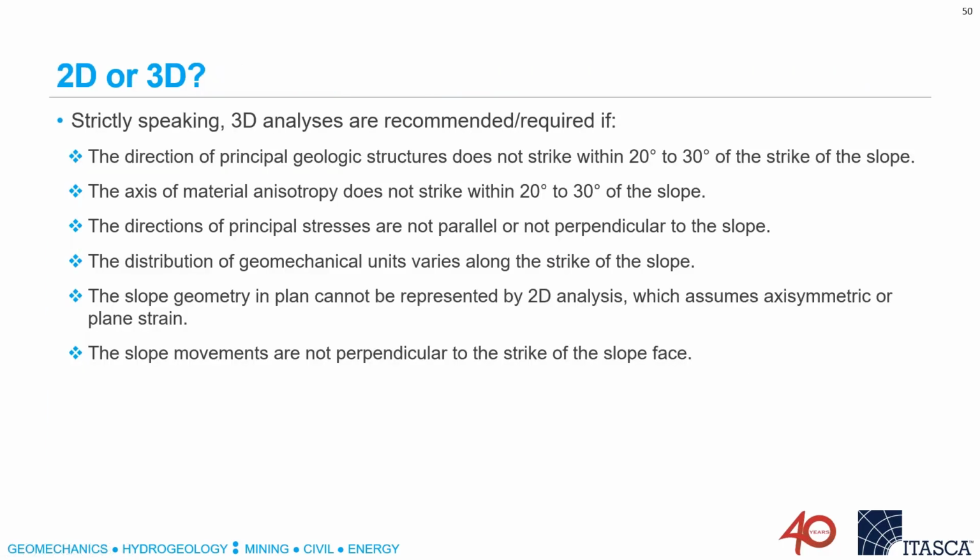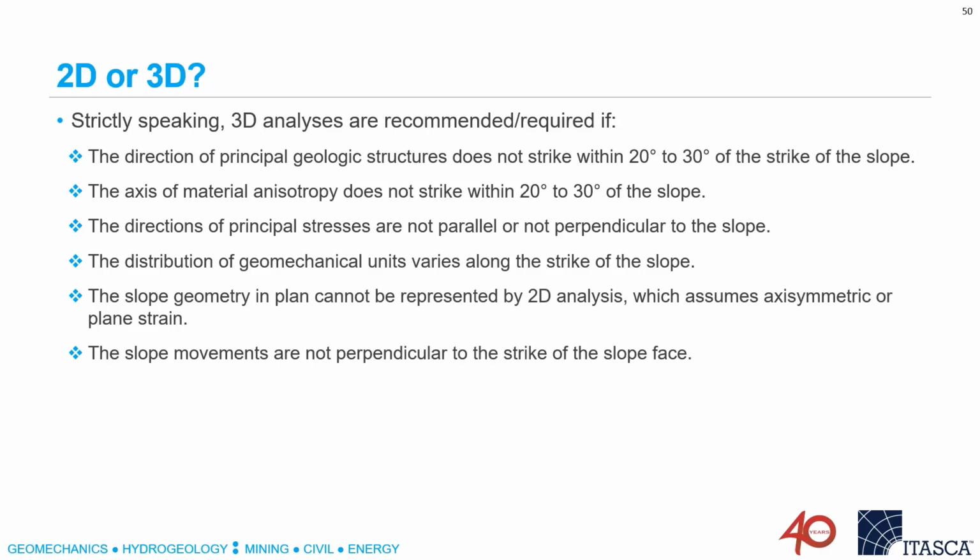2D versus 3D, and I should say that nowadays most people are moving towards three-dimensional analysis. The software is fully capable of looking at three-dimensional models, and I just want to give you some reasons why you might want to move to 3D analyses. First of all, you shouldn't use 2D analysis if the geologic structures aren't striking parallel to the slope, or maybe the anisotropy isn't parallel to the slope.